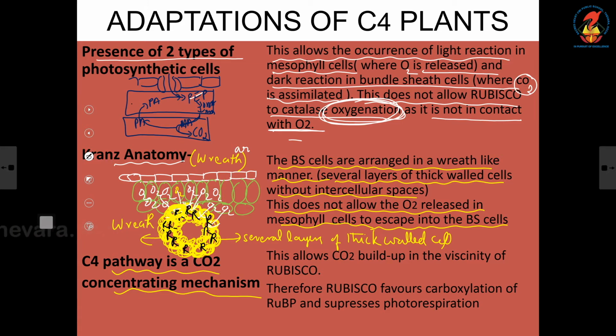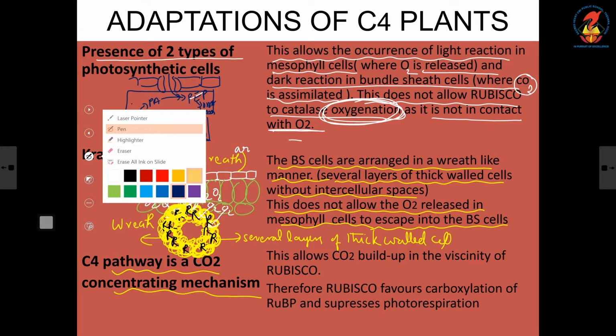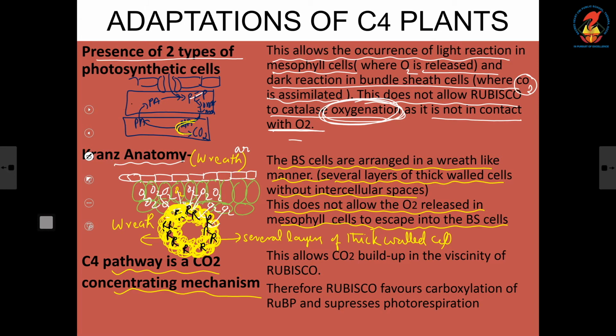So in this pathway, see I am going to highlight it, decarboxylation takes place many times. So lots of carbon dioxide is present in the vicinity of rubisco. It's highly concentrated with carbon dioxide. So the cycle goes many number of times, so that the concentration level is increased.